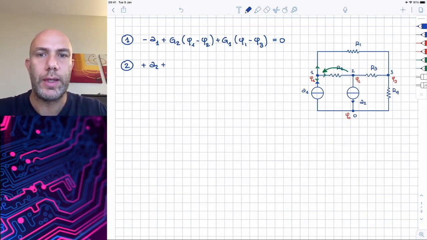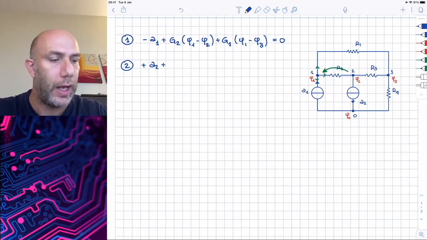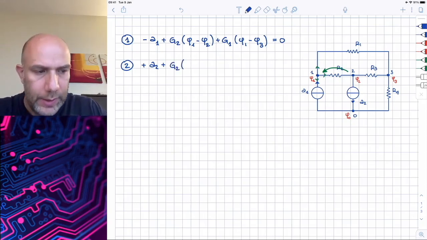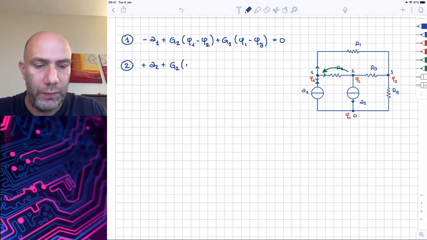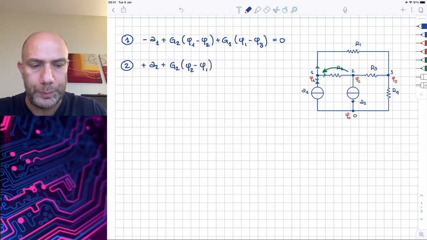If we want to consider the currents that are flowing out, we can write the current that is flowing outside the node 2 and is flowing inside R2 as G2, this time with phi 2 minus phi 1.